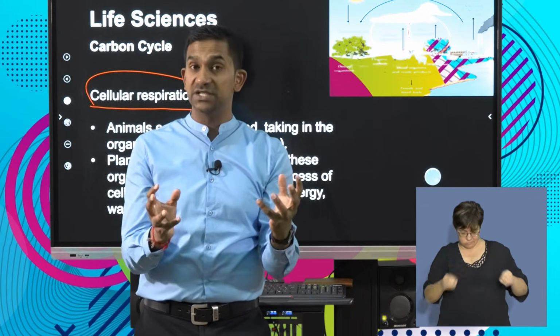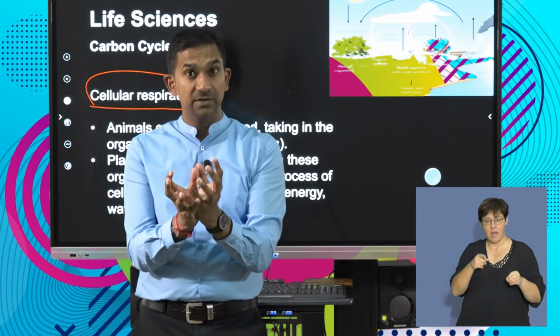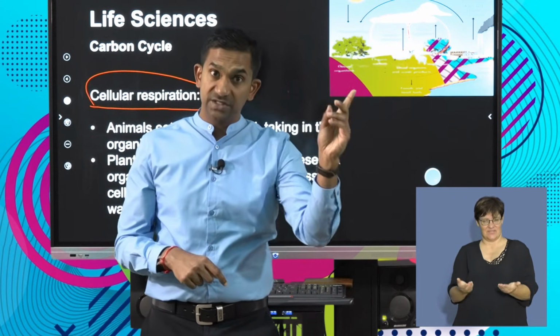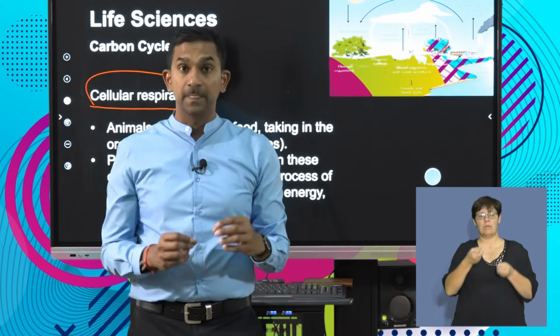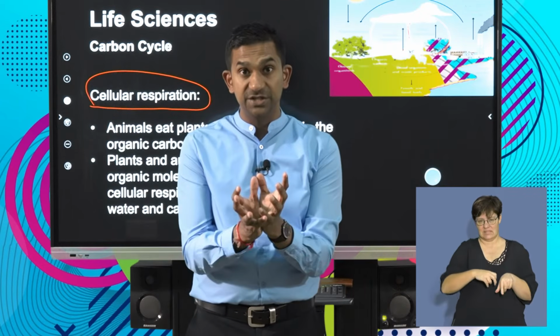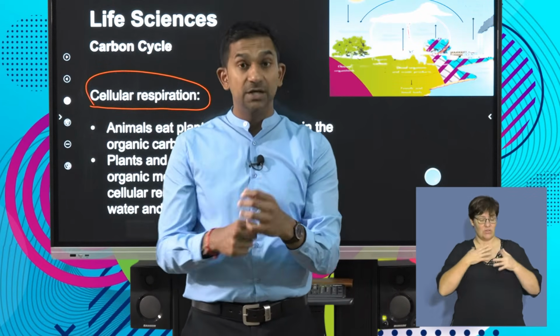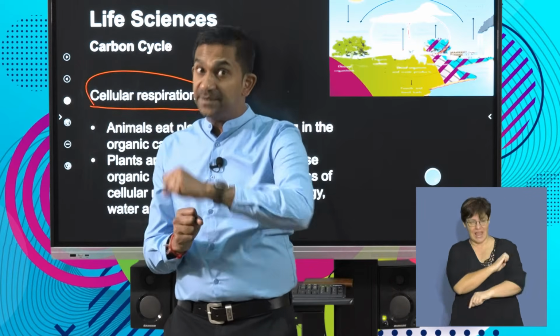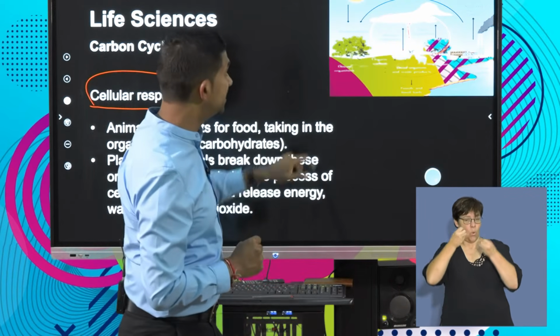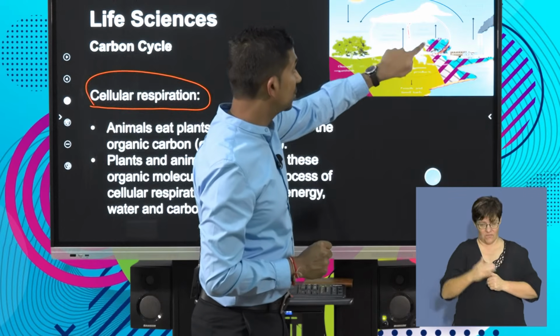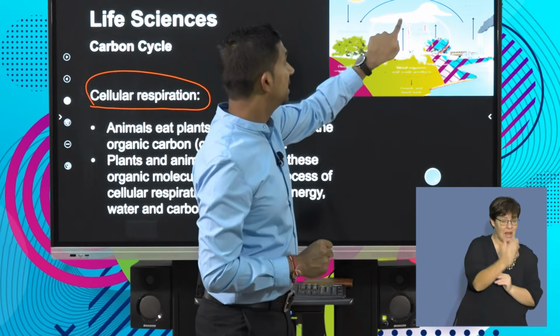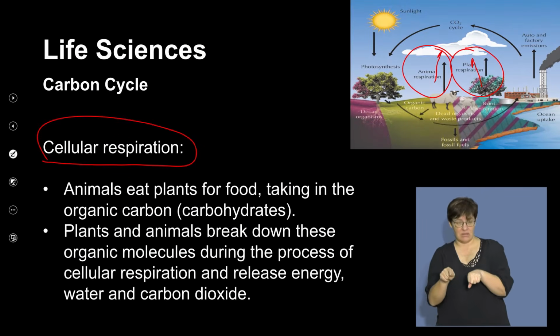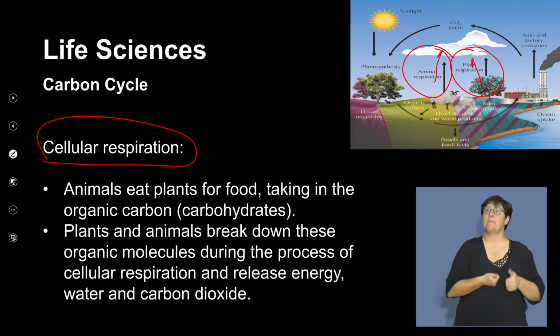And in that process of breaking carbohydrates down, it releases carbon dioxide as a waste product. So again, by the process of cellular respiration, where oxygen is used to produce energy, carbon dioxide is released as a waste product. So we see that these processes, both in plants as well as in animals, produce carbon dioxide and release that back into the atmosphere.